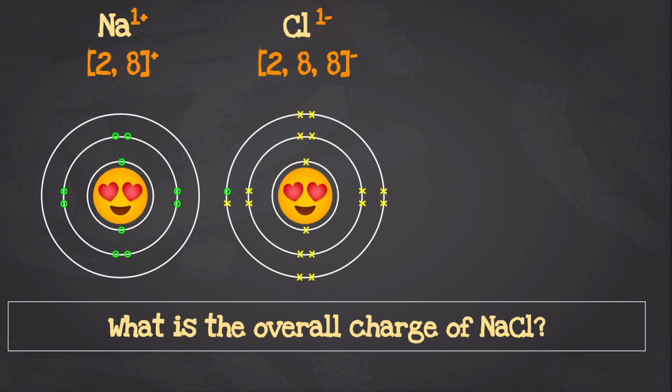Okay? So let's think about math. You have positive 1 and negative 1. So positive 1, negative 1 equals 0.